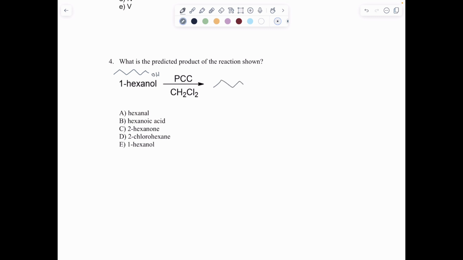So 1, 2, 3, 4, 5, 6 carbons, and then an aldehyde where the alcohol used to be. So we oxidized an alcohol into an aldehyde. The only option in our multiple choice for an aldehyde is option A, which is hexanal.